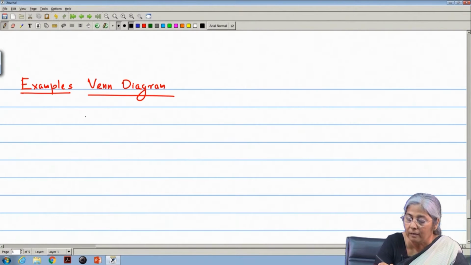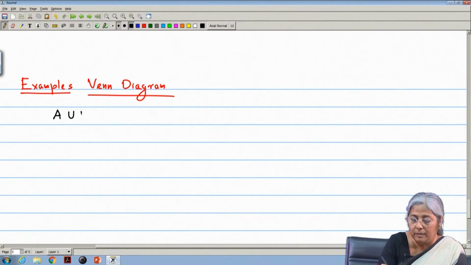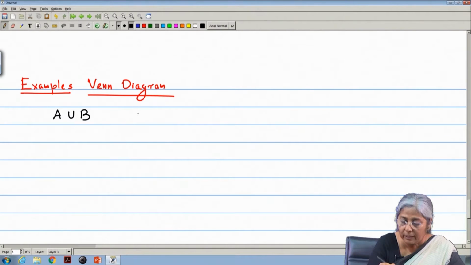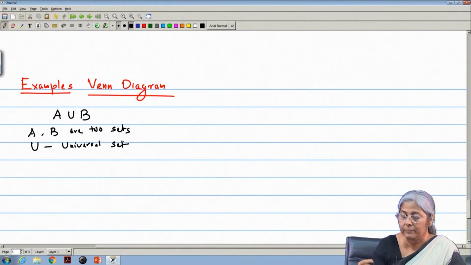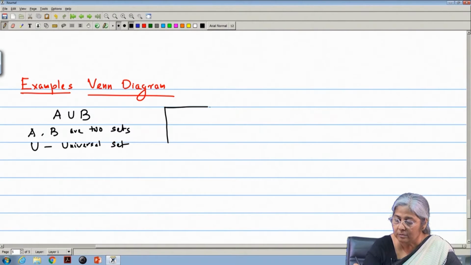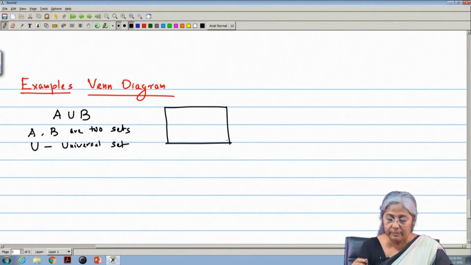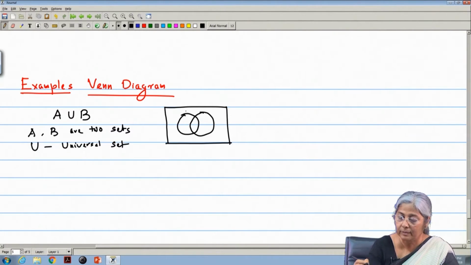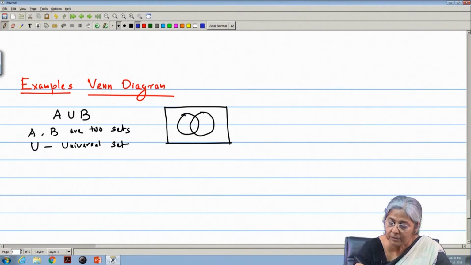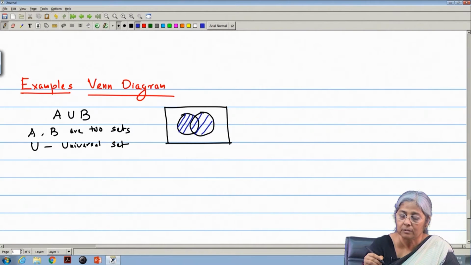So, if I consider simply A union B, where A and B are two sets and U is the universal set, we can write this is my universal set, this is A, this is B. A union B is this shaded portion.